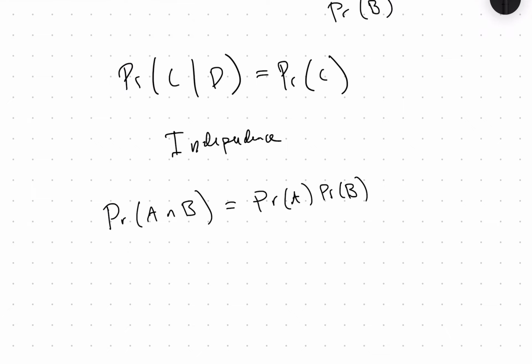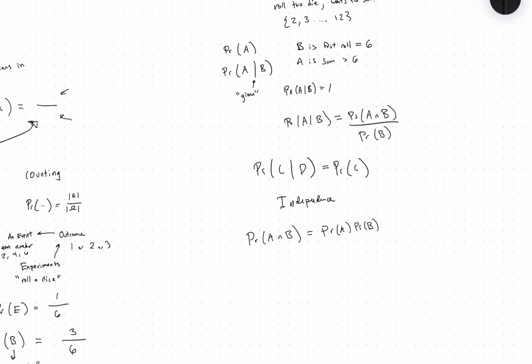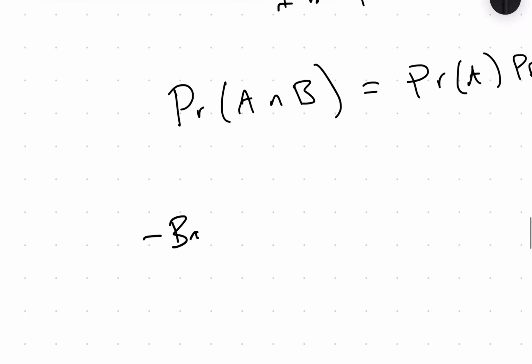You can now do the Bayes rule, but you know what? Okay, here's a couple of things that you should go study on your own: Bayes rule, super important, and the law of total probability.